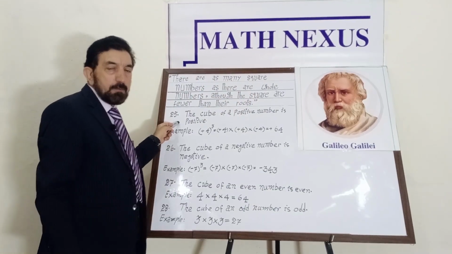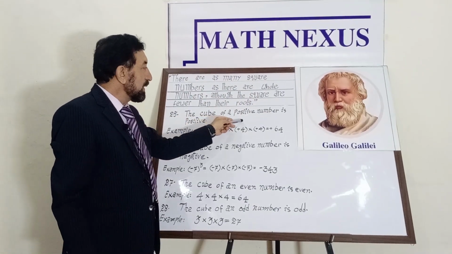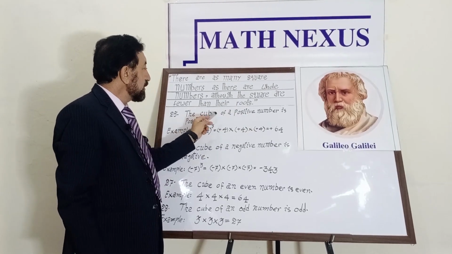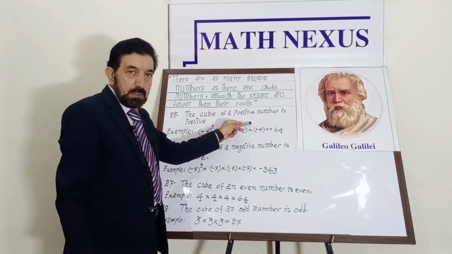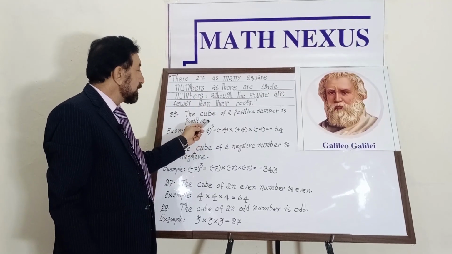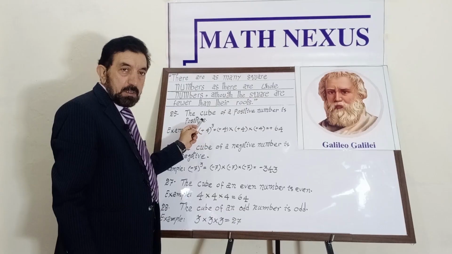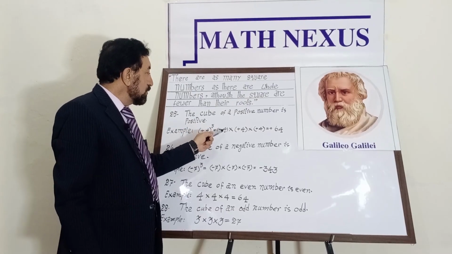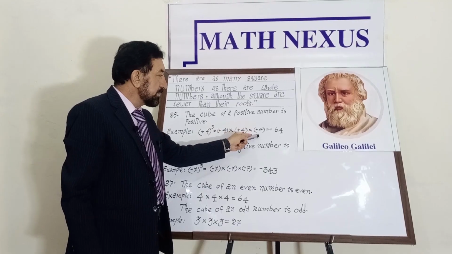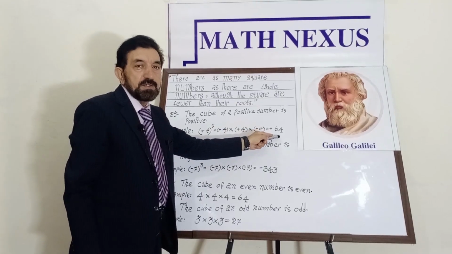Rule number 25. The cube of a positive number is positive. Example, plus 4 raised to the power 3 equals plus 4 into plus 4 into plus 4 equals plus 64.